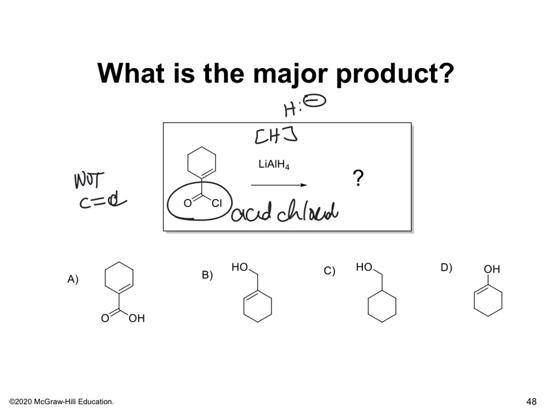What's going to happen here is this nucleophile will add to the carbonyl. You'll get a tetrahedral intermediate that looks like this. So let's draw our tetrahedral intermediate with the hydride added.